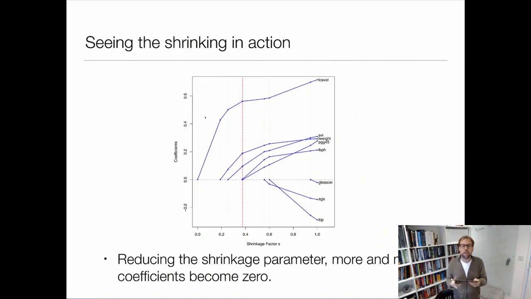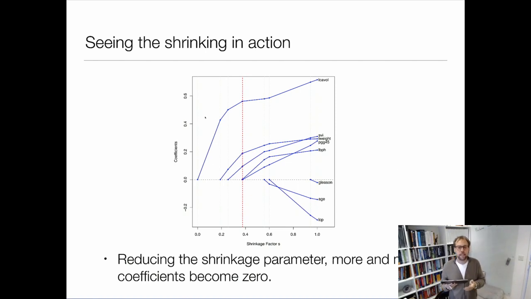And here's a nice picture which shows it. This is from the Elements of Statistical Learning textbook, and it's a medical example. It talks about prostate cancer and looks for some antigen of prostate cancer, and how I can predict the quantity of this antigen using some predictor variables.